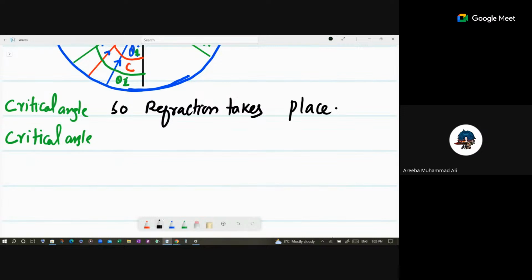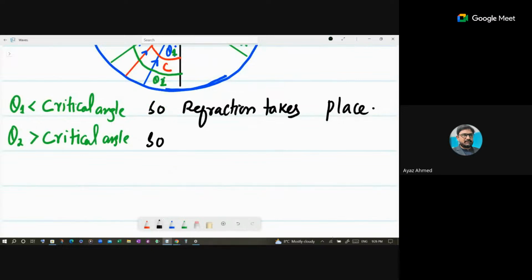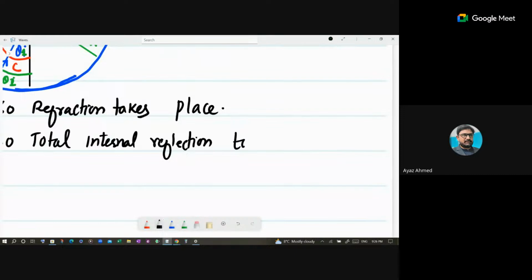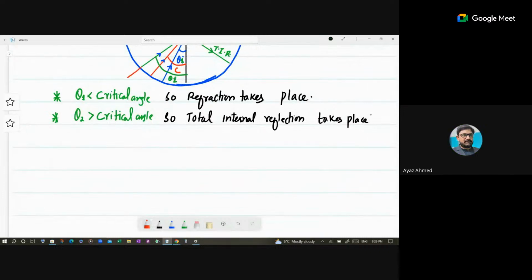And here, this theta 2 is greater than the critical angle, so total internal reflection takes place. Any confusion till this point? No. Okay, good.